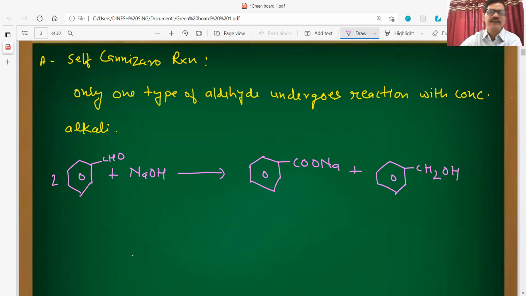It undergoes reduction. The mechanism will be the same. So this is self Cannizzaro.